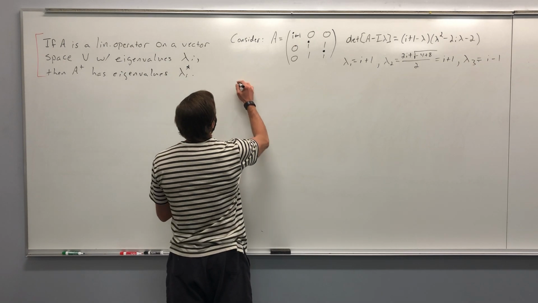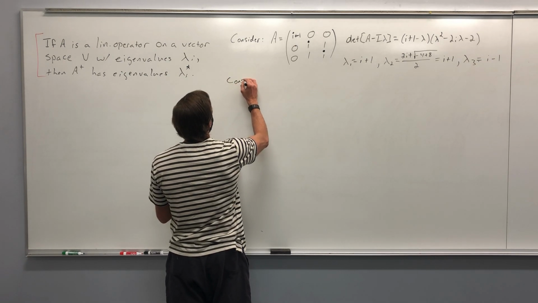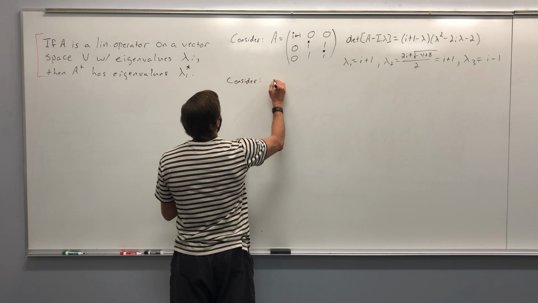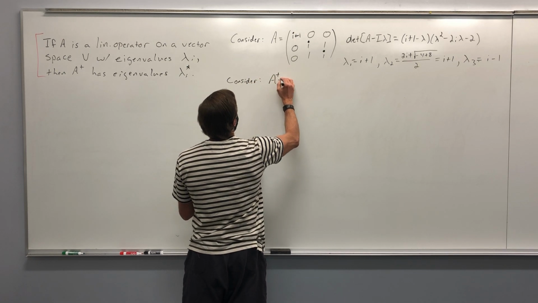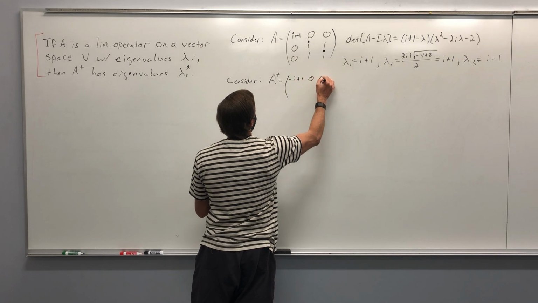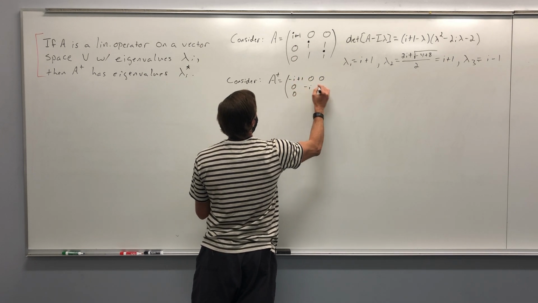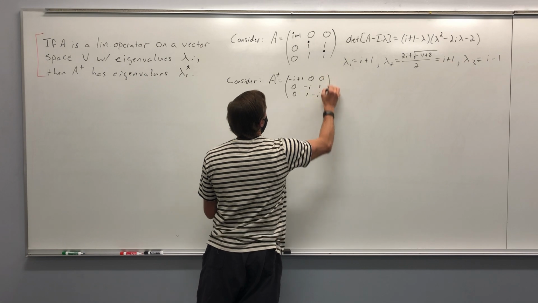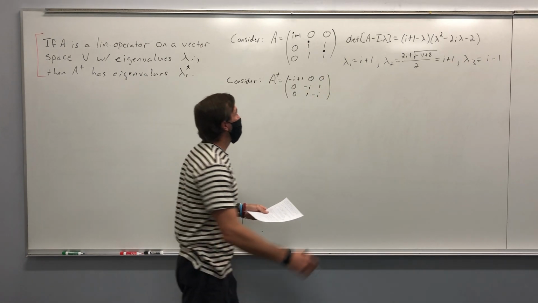Now what I want to do is consider A dagger, which is minus i plus 1, 0, 0, 0, 0, minus i, 1, 1, minus i. Okay?